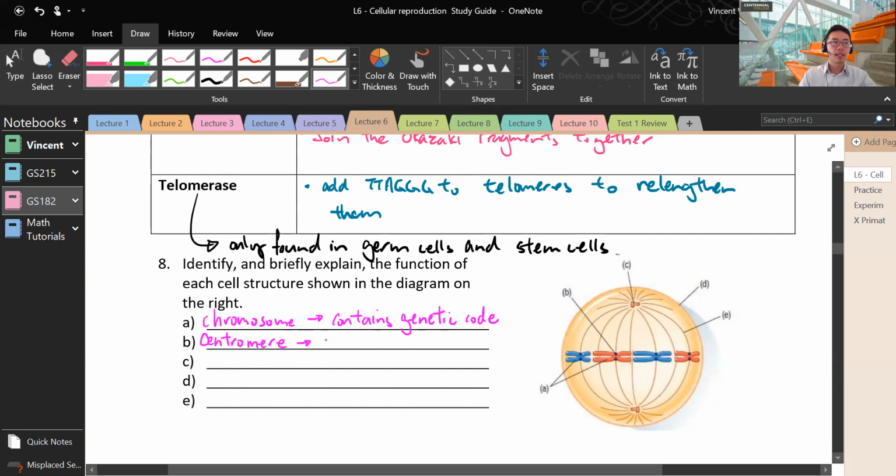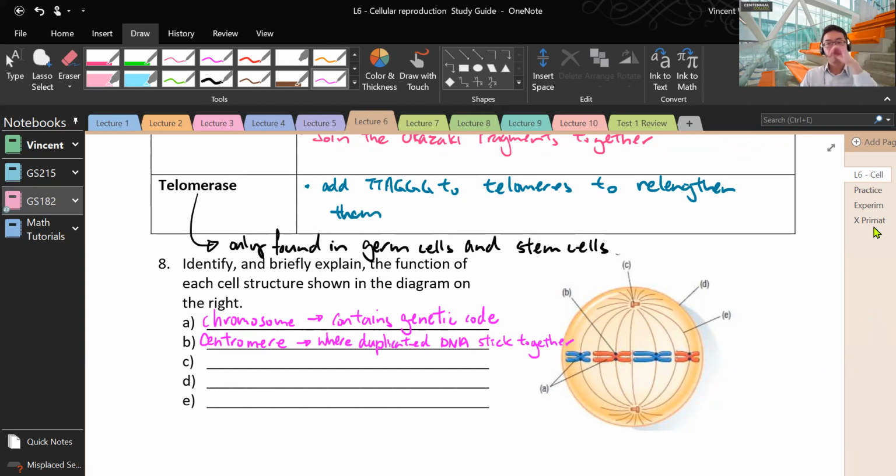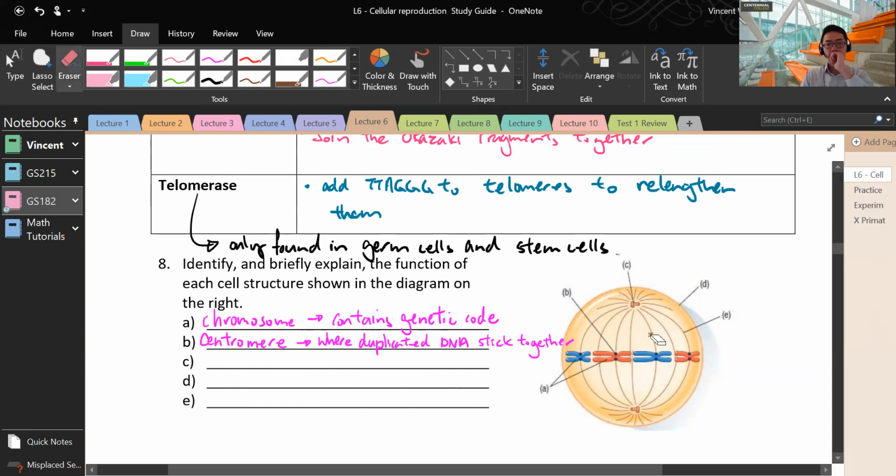Centromere, which is the location where duplicated DNA stick together. C is the centrioles.